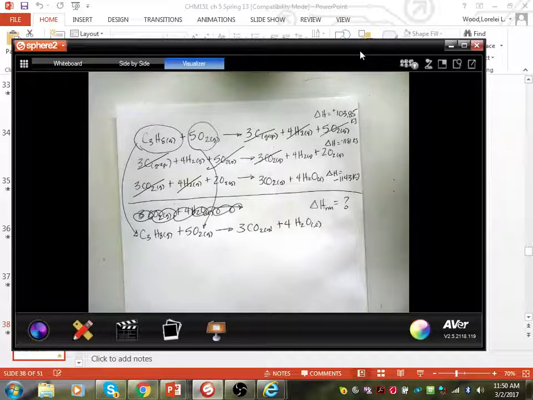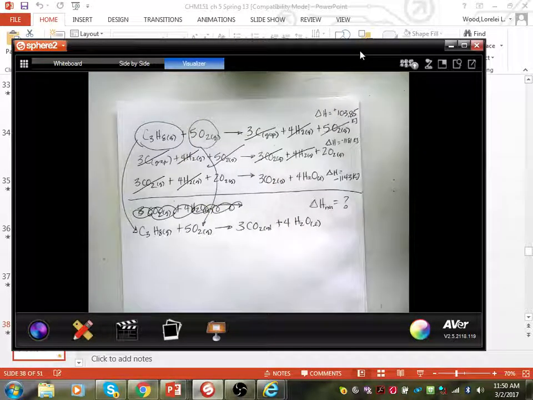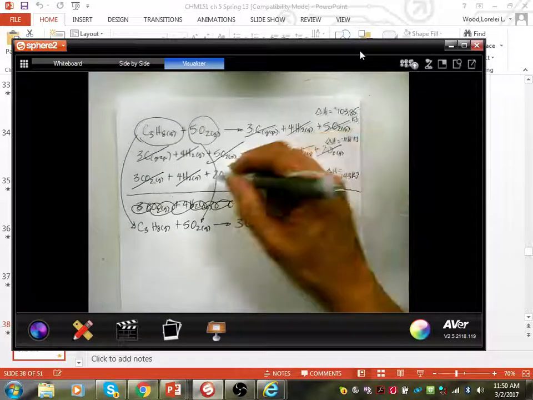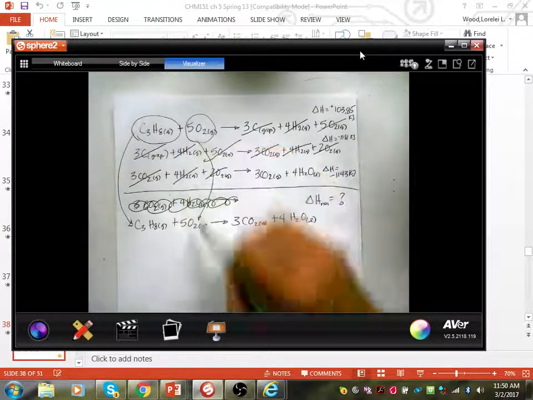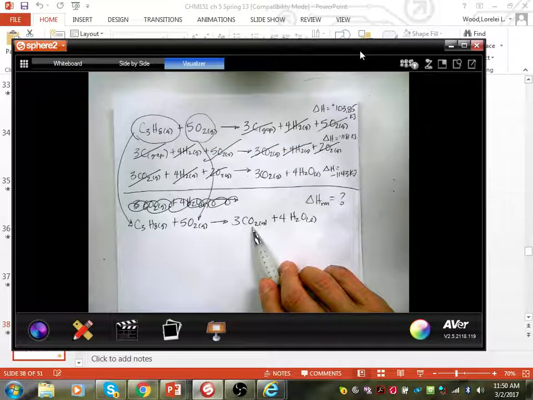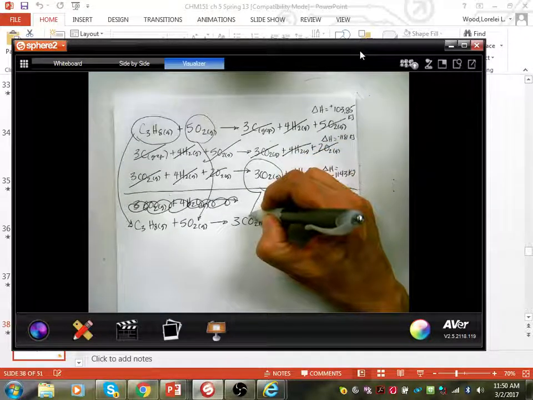Did I not figure something out? Oh, yeah, I forgot to cancel these, didn't I? There we go. What else? And 2 O2s? Yep, there you go. All right. So we still got these that came down, so we're good there. What else is falling down here? We got the CO2s and the H2O.